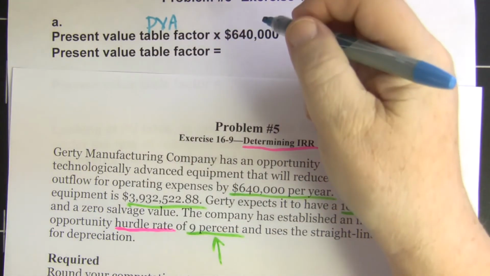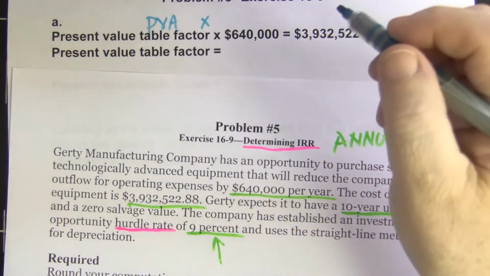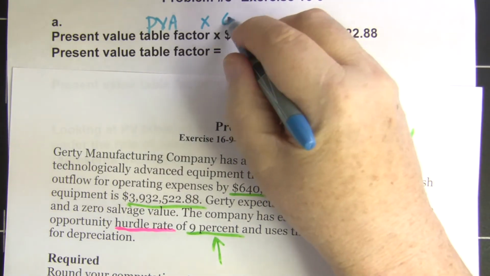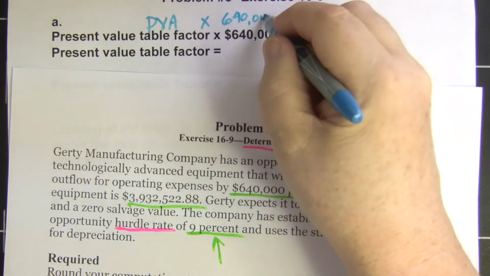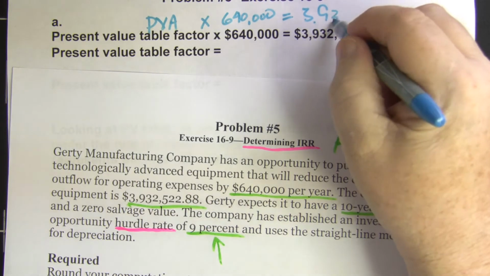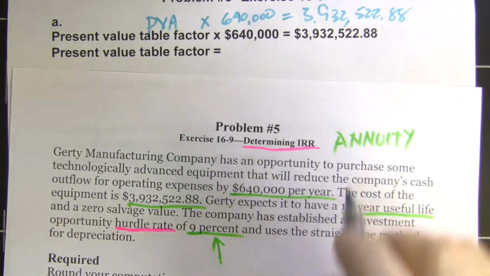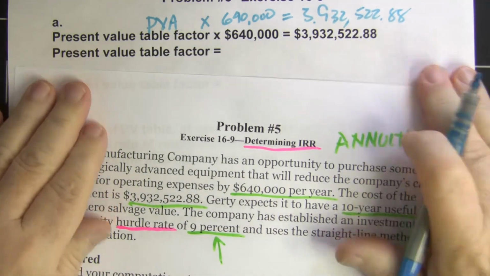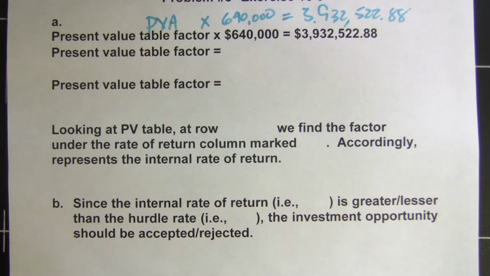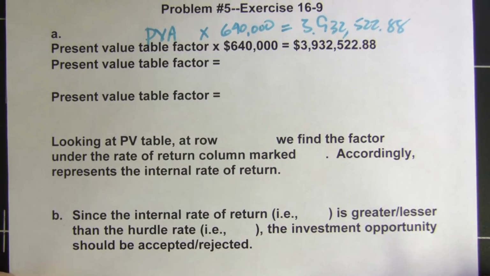The present value of an annuity factor times 640,000 equals $3,932,522.88. That's the information they give us. Okay, let me pull that down a little bit so you can see it better. That's what that means.